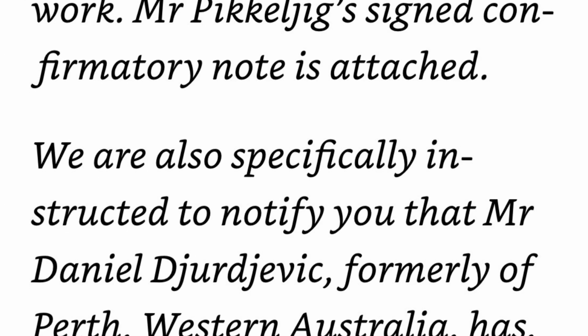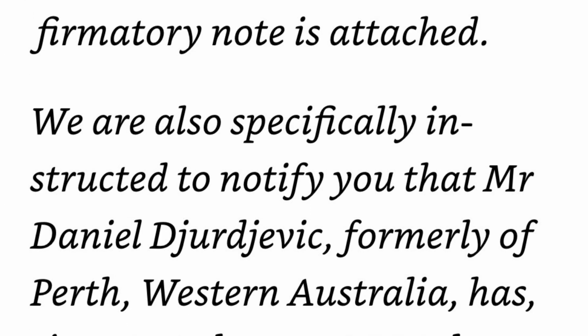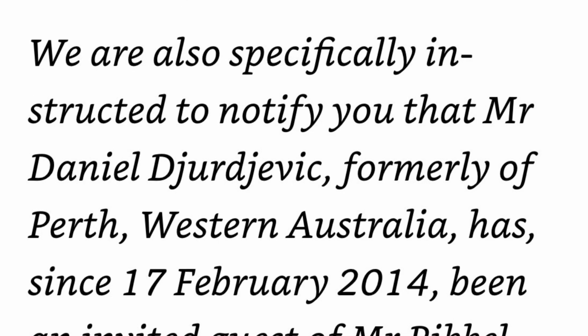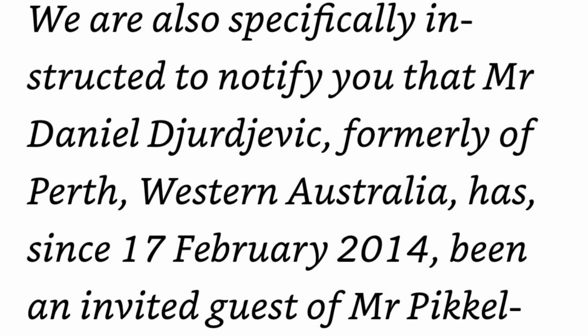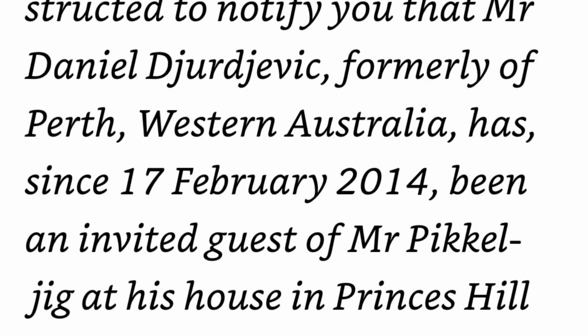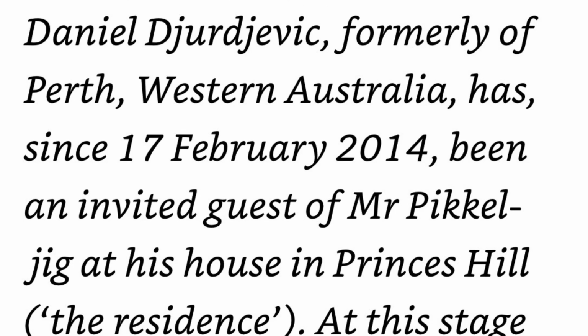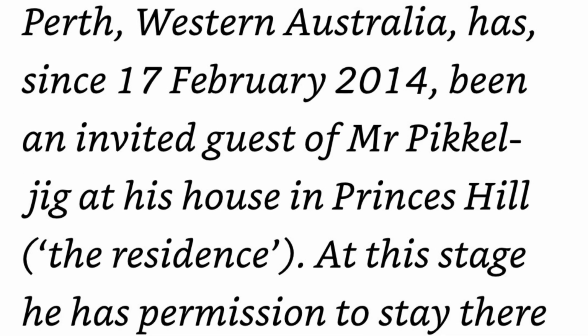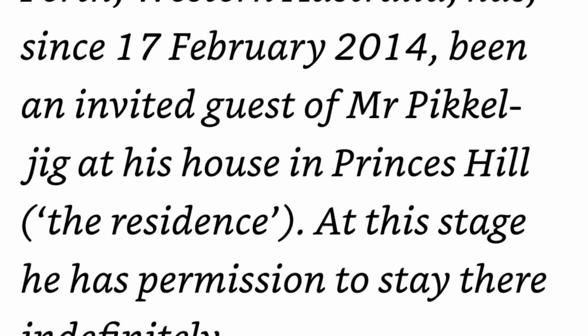Mr. Picklejig's signed confirmatory note is attached. We are also specifically instructed to notify you that Mr. Dan Djurdjevic, formerly of Perth, Western Australia, has since 17 February 2014 been an invited guest of Mr. Picklejig at his house in Princes Hill, the residence. At this stage he has permission to stay there indefinitely.